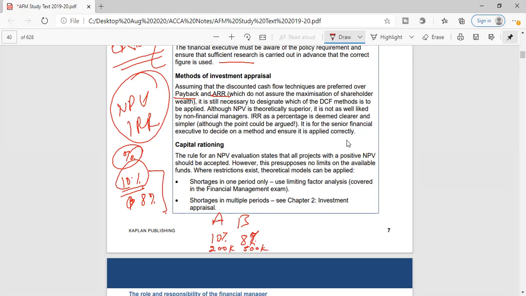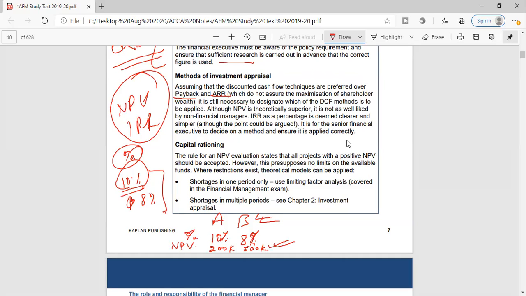Which one is better? Definitely project B. And so percentage return based on IRR, it could be A. But if you consider NPV, the method I just discussed about, you'll see this B is better.